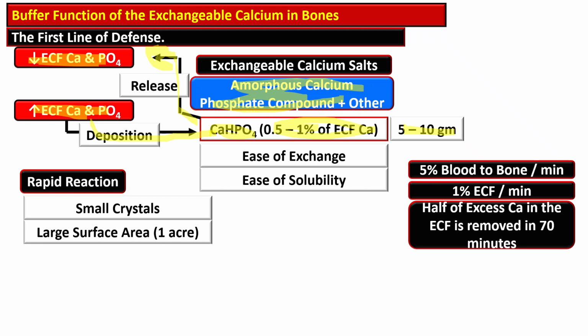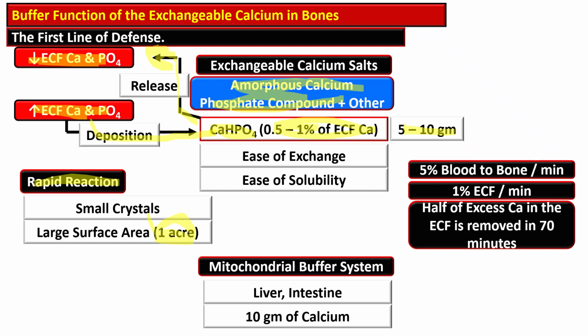This process is very fast, due to extremely tiny amorphous crystals that have a large surface area of about 1 acre, and it is also influenced by high blood flow through the bone, because about 5% of the cardiac output goes to the bone.